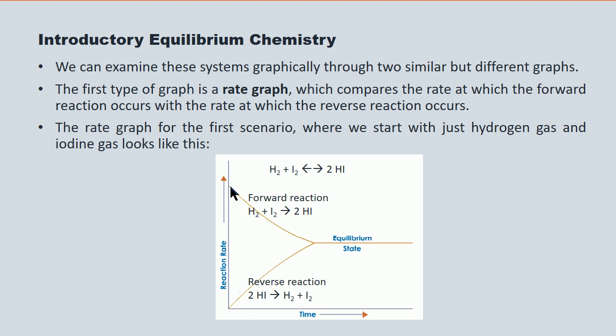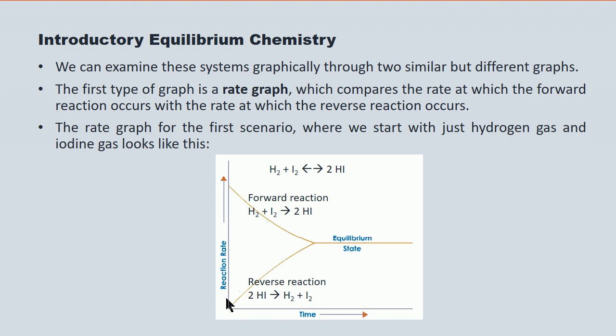slow as well. The reverse reaction, where hydrogen iodide is reformed into the hydrogen and the iodine gases, starts at 0. And again, hopefully that's intuitive, because in trial 1, and remember we're graphing trial 1 here, we didn't have any hydrogen iodide in the system. So this reverse reaction should start at 0.